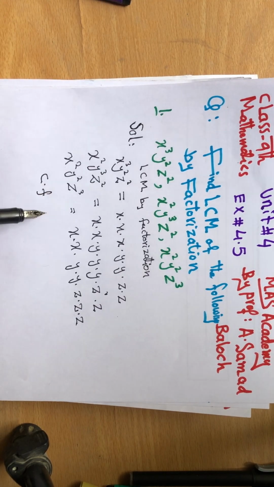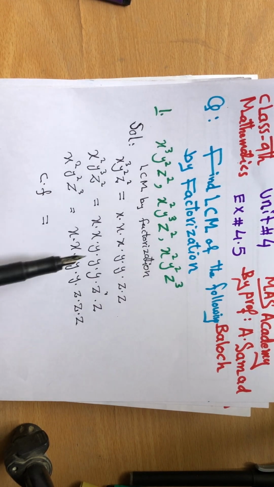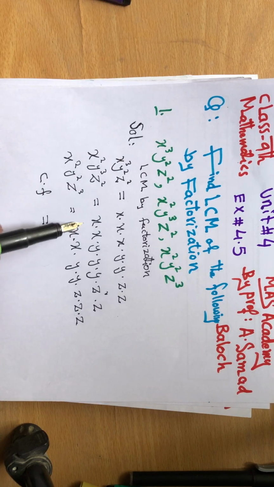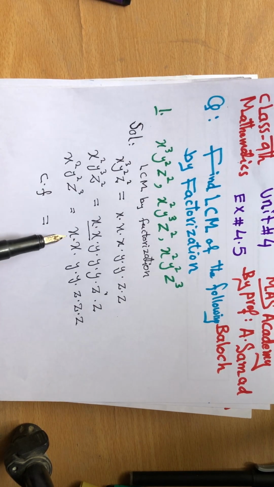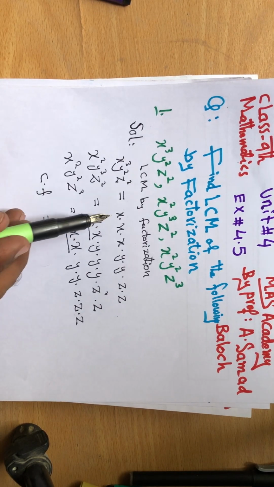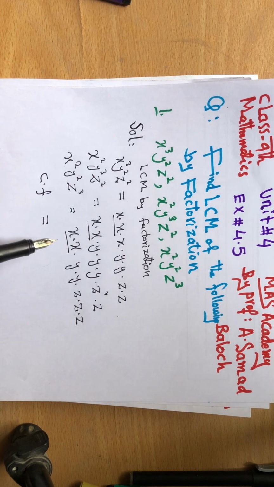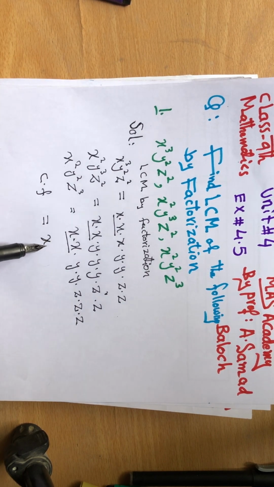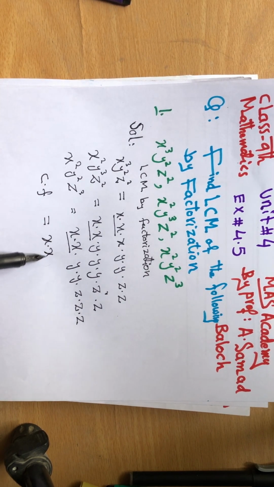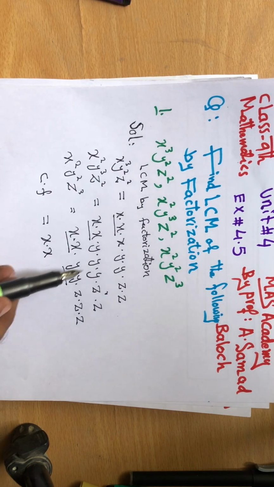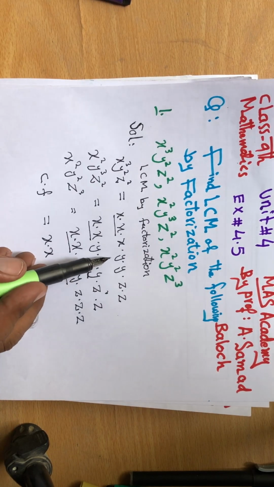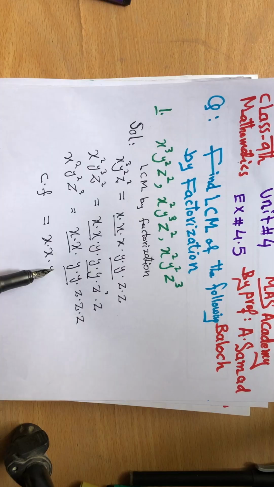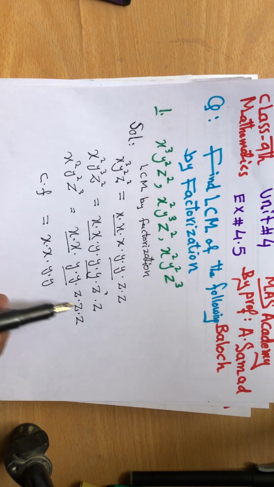After that we will look for common factors. Though we are finding LCM, first of all we find the common factor. Looking at the x terms, 2 x's are common in all three terms, so we write x multiplied by x. After that we look for y, and 2 y's are common in all three terms, y multiplied by y.